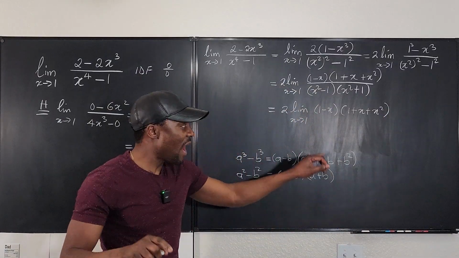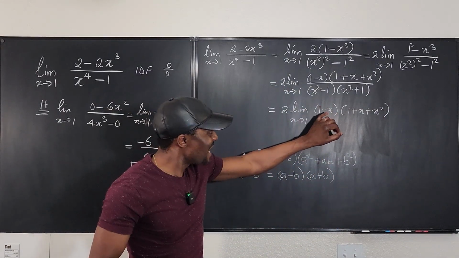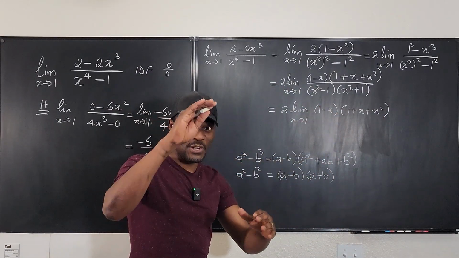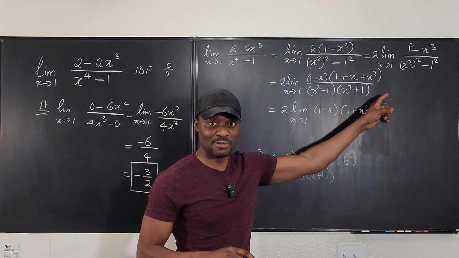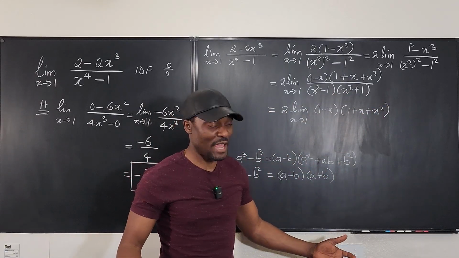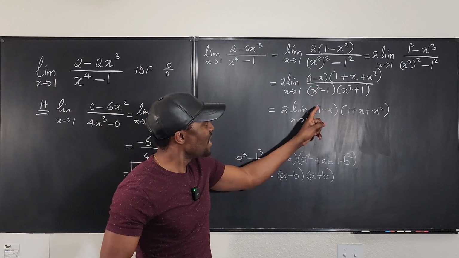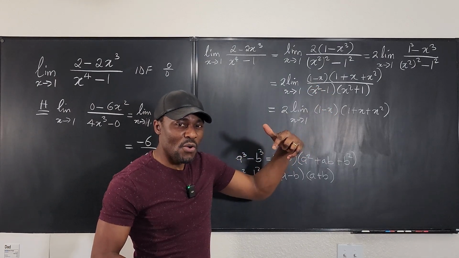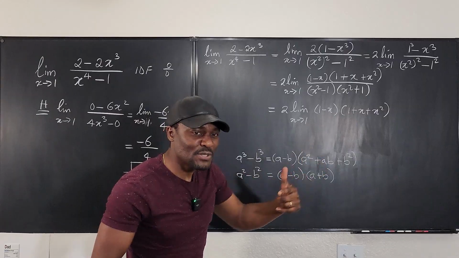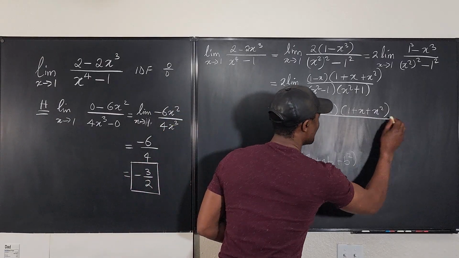But if you look down here, we need to get rid of something that's causing us to have 0 over 0, because if you plug in now at this point, you still get 0 over 0, okay? Because this is going to give us 0, and this is going to give us 0. But if we factor this, it becomes x minus 1, x plus 1.